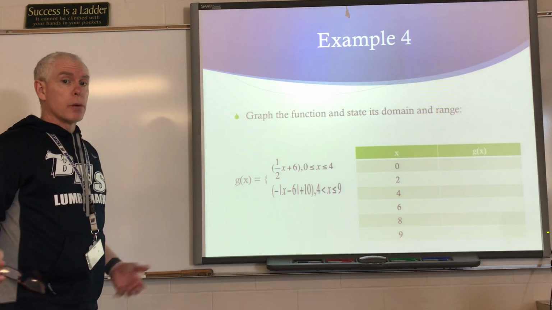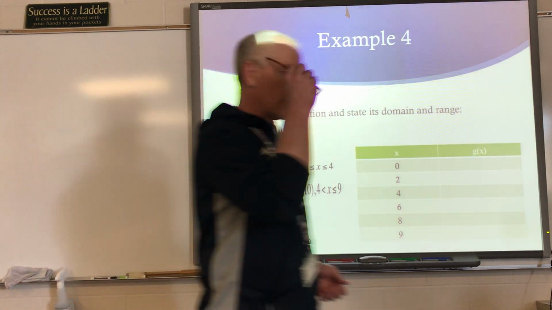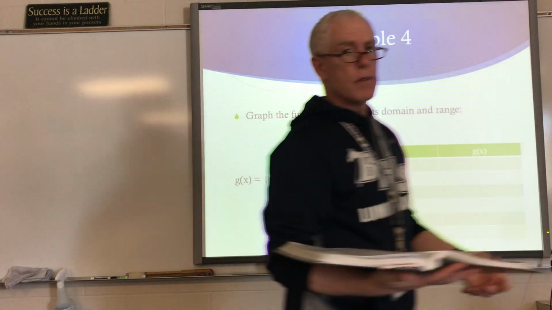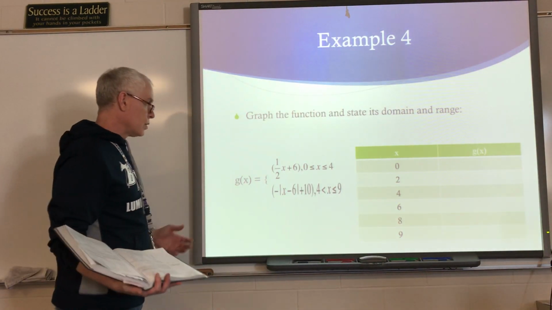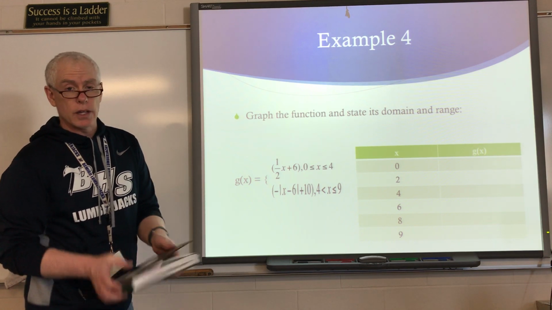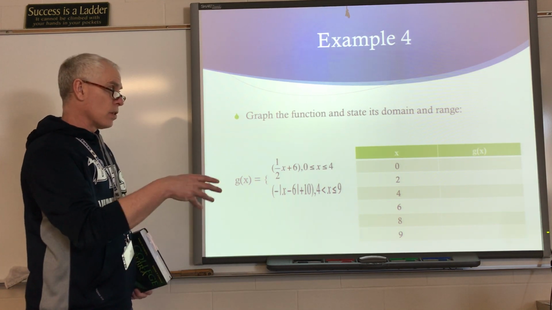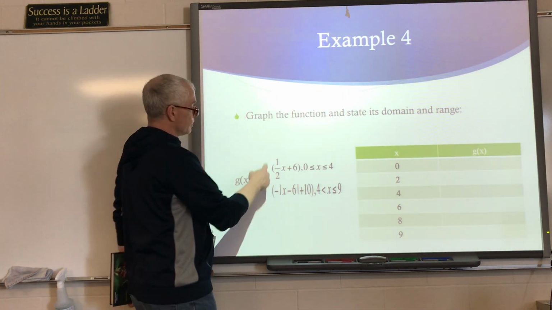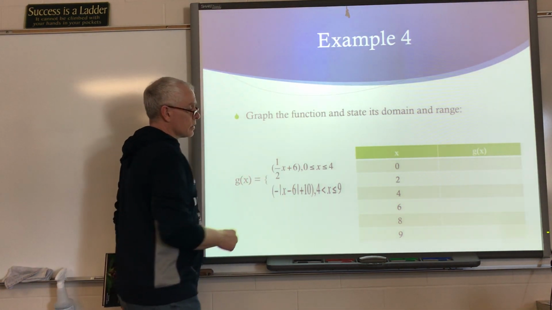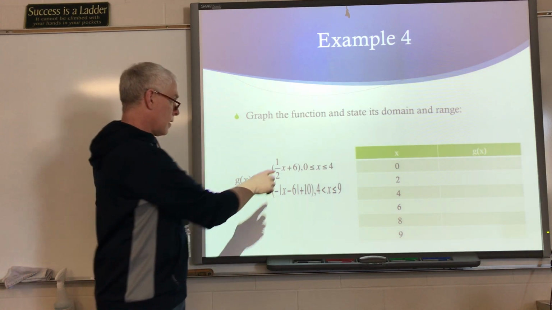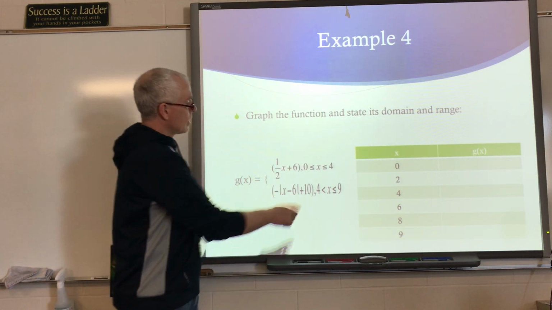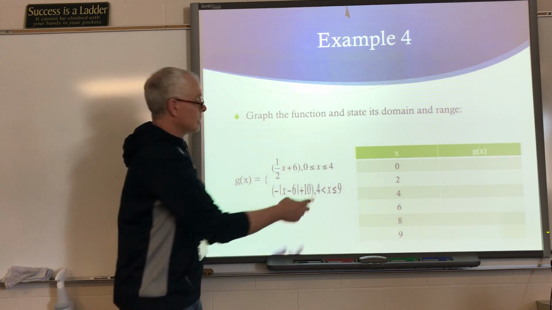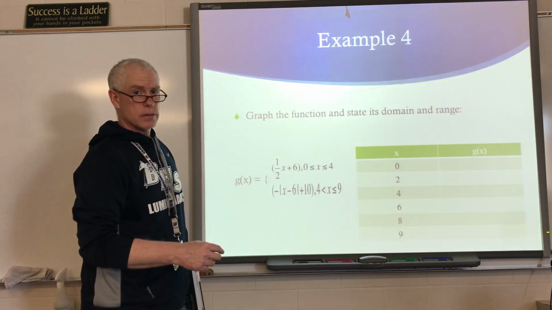Now, since we know how to put it in the calculator, I'm going to expect at this point that you guys have your calculator in front of you and that you're going to go into your y equals and you're going to do what we did on the previous slide. I'll walk you through it, but I'm going to make sure you go to the table and we generate the same values. So, in your y1, 1/2 x plus 6 divided by x greater than or equal to 0 and x less than or equal to 4.